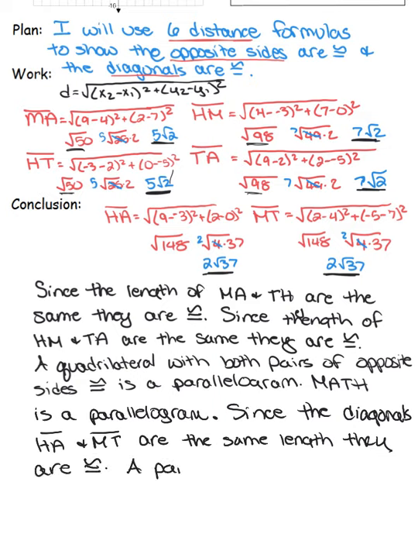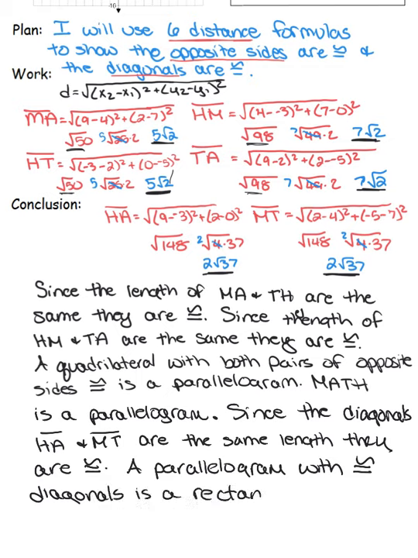A parallelogram with congruent diagonals is a rectangle. So MATH is a rectangle.